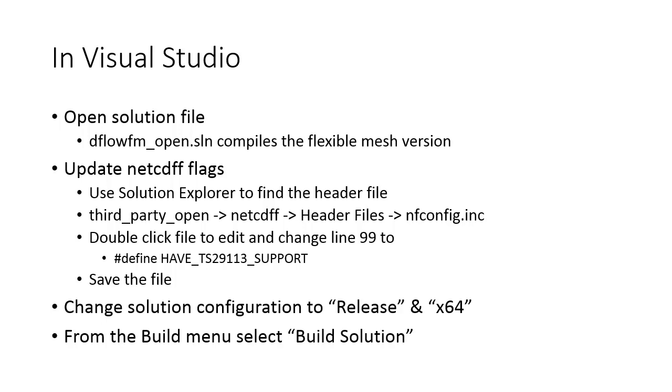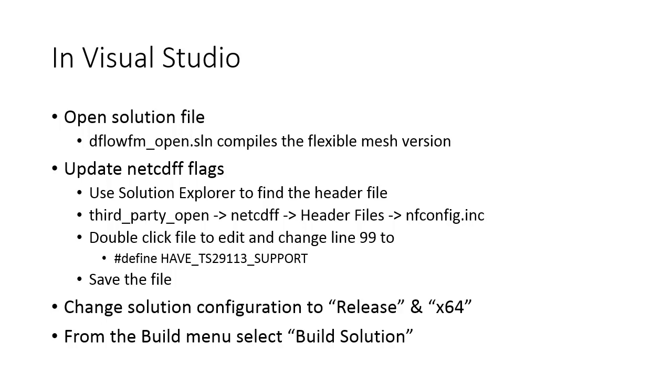So you need to open one of those in Visual Studio, if you just double click, and the one I opened in the tutorial was dflowfm_open, and that's for compiling the flexible mesh version of Delft3D. But before you can compile, you need to make one more adjustment, and that is to adjust some of the flags for the netcdff interface.